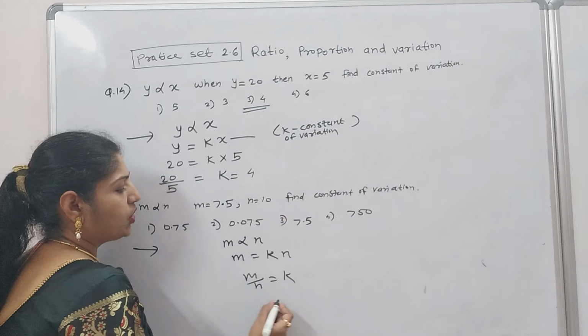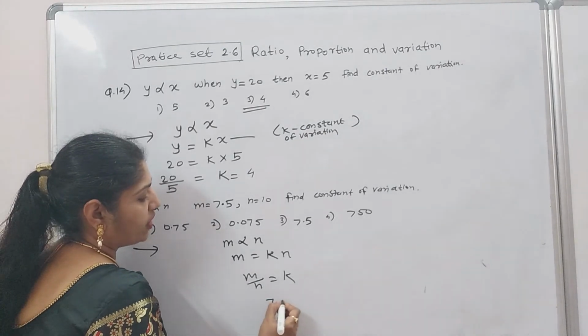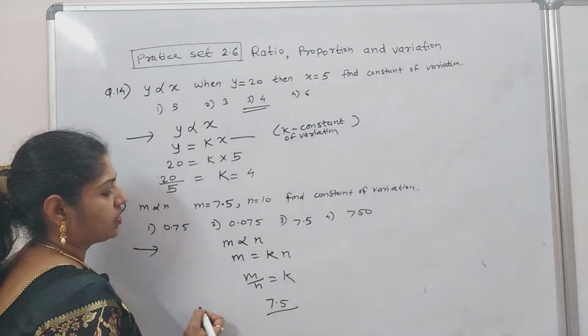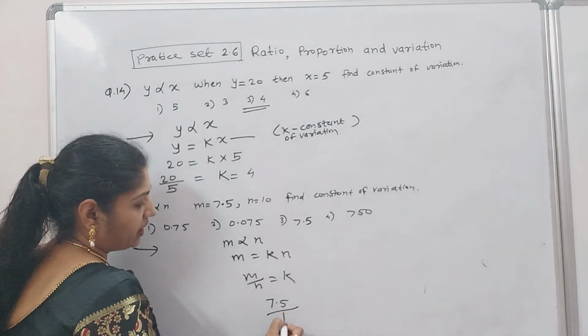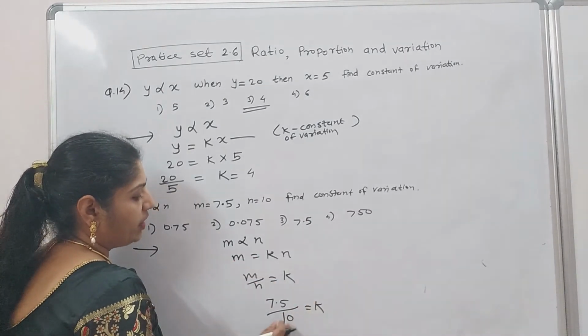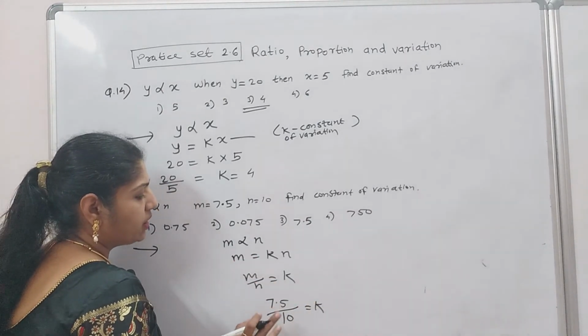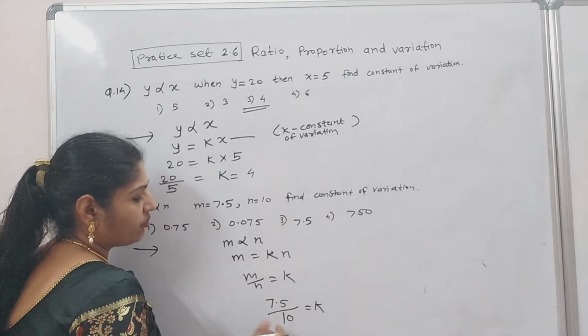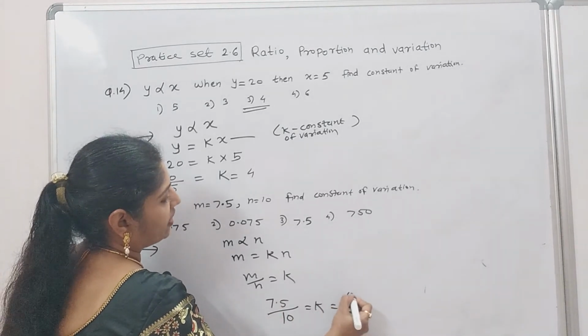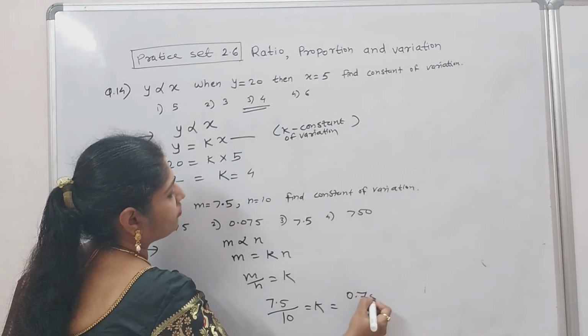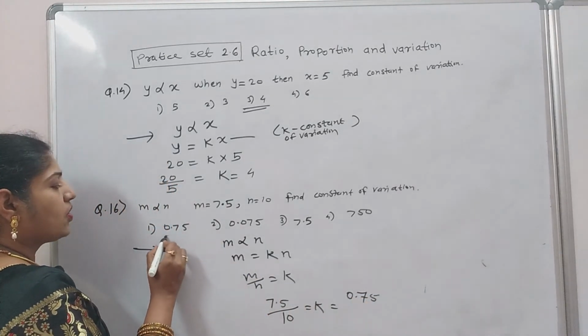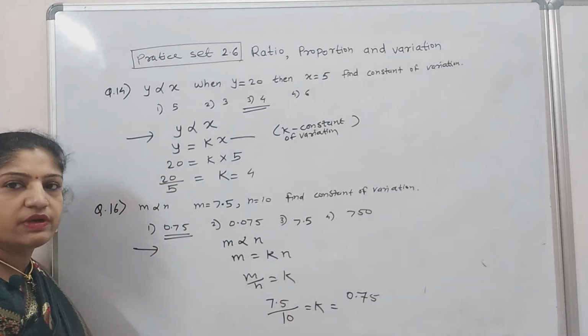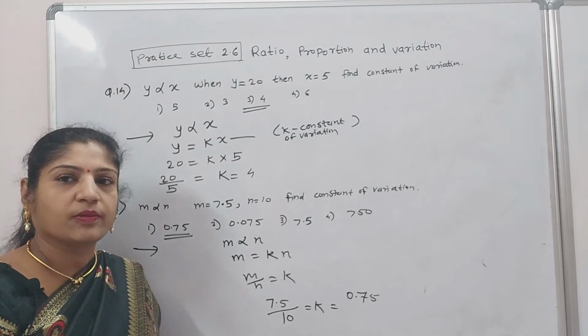Now put the value of m: 7.5, one decimal place in the numerator, upon 10 equals k. When divided by 10, it gives one more decimal place. Here there is one decimal point, so the answer has 2 decimal points, that is 0.75. The value of k, the constant of variation, is 0.75. Option number 1.